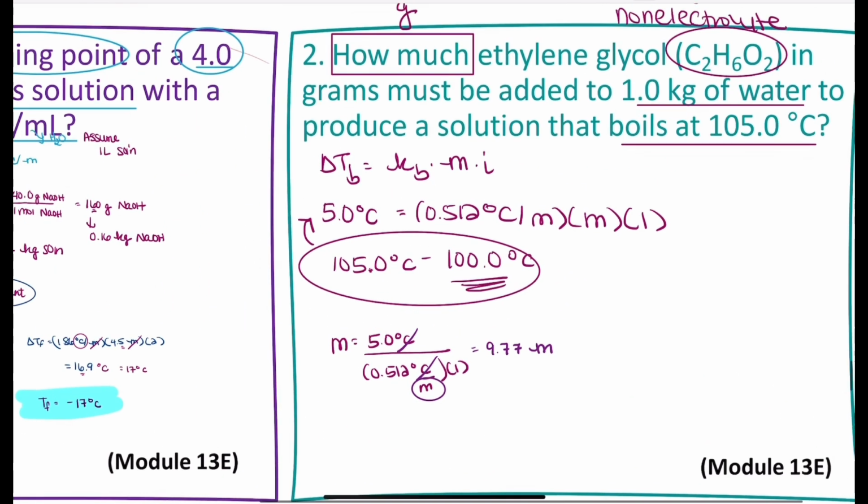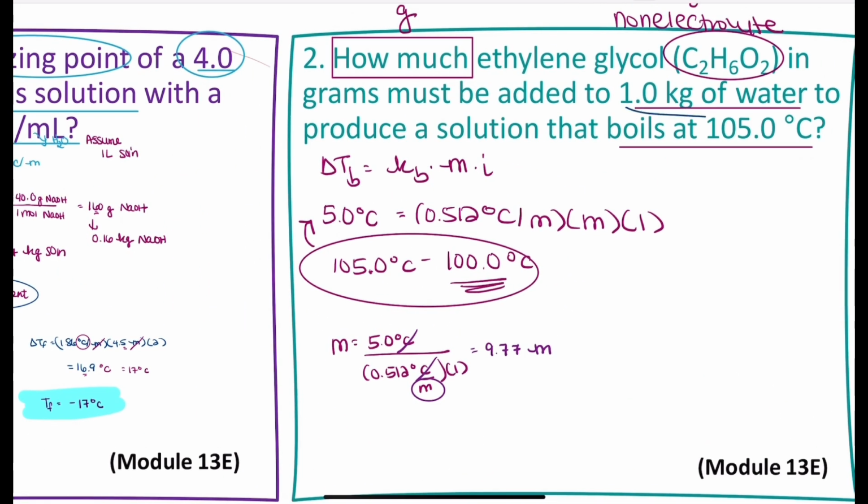The question also told me I have 1 kilogram of water. I can use that information along with my molality to quickly find out how many moles of solute I need.